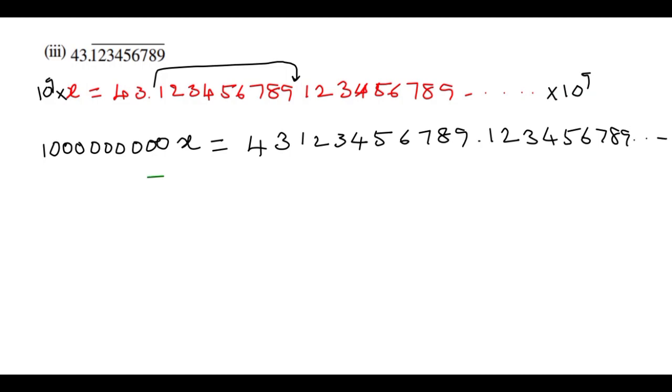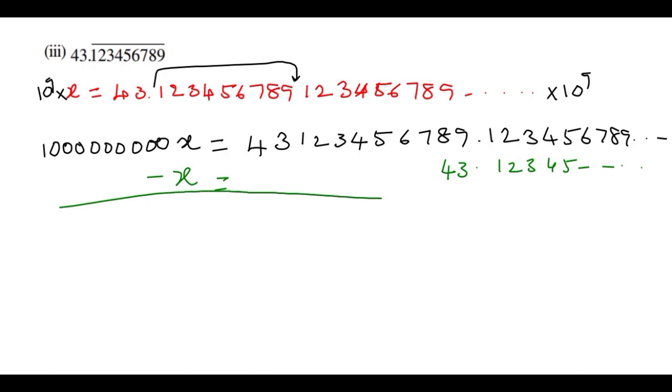From this we should subtract x. Minus x means 43.123456789 and so on. When you subtract, everything after the decimal point becomes 0.